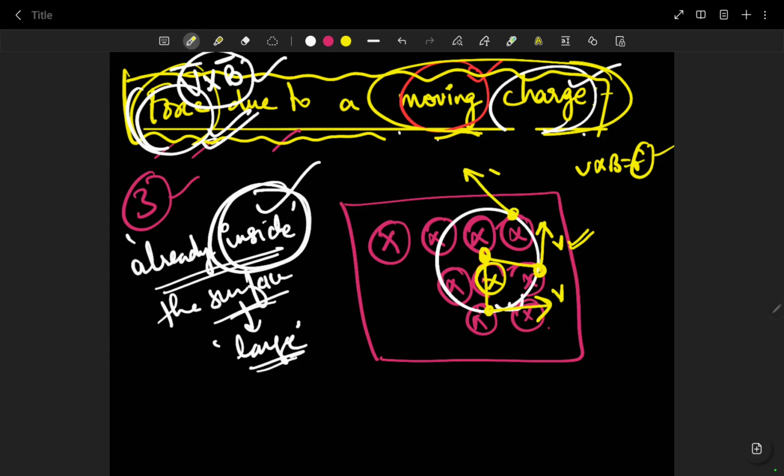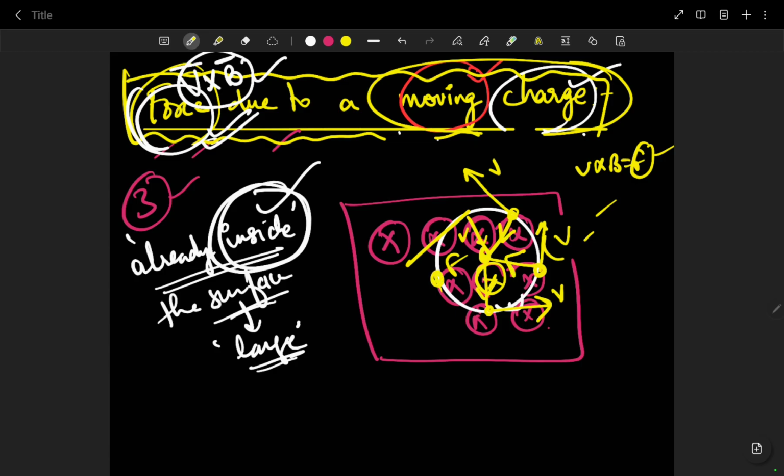Over here also you will see this is velocity, this is force. Over here also, this is velocity, this is force. So we end up with a scenario where the force on the charge is concentrating towards the center of the circle, right? You can see all these tangents are giving me the direction of velocity, and the force is towards the center.